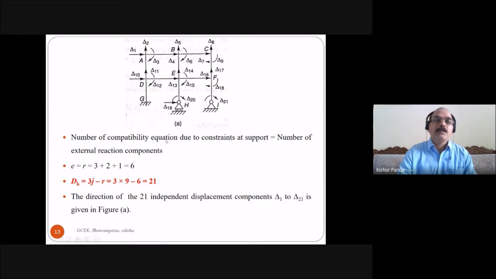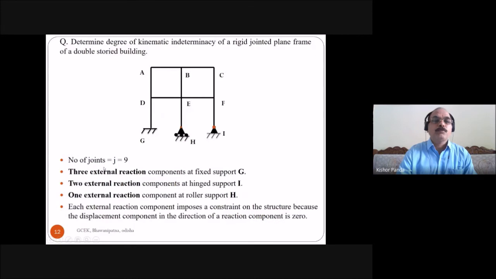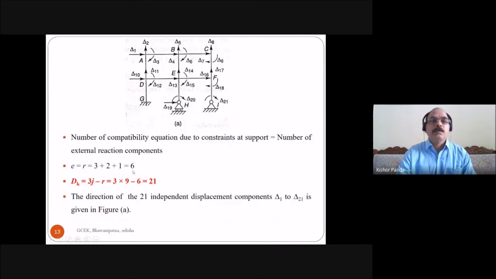Already I have explained this one. So the number of compatibility equations is equal to the number of external reaction components, which is 3 plus 2 plus 1, that is 6. Then what is the degree of kinematic indeterminacy? Dk is equal to 3j minus r. This is the formula for rigid jointed plane frame: 3j minus r.